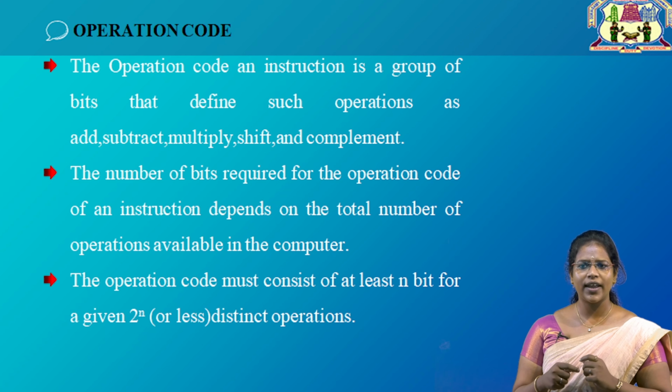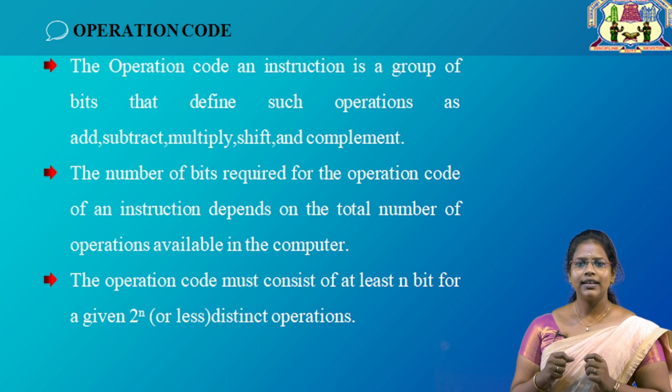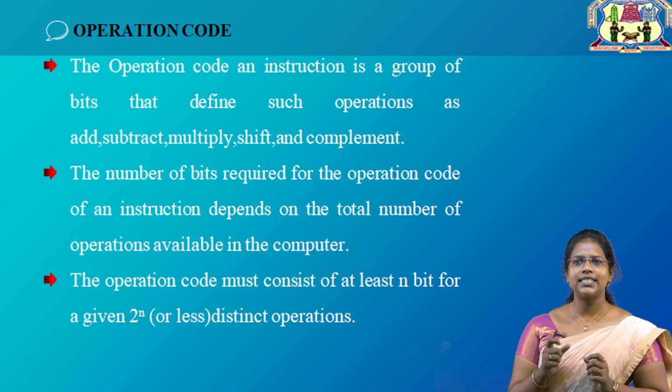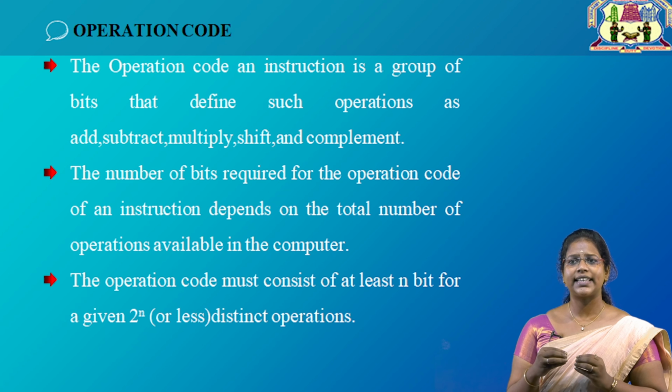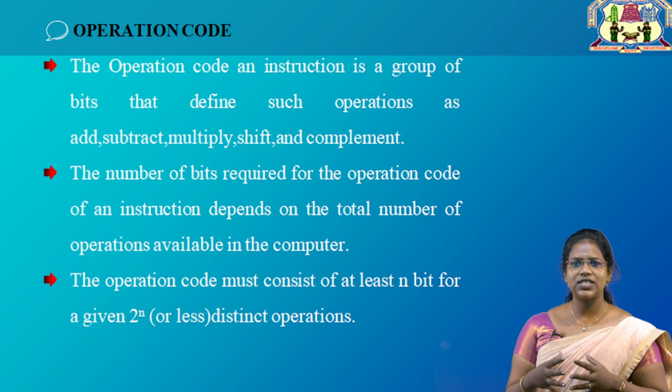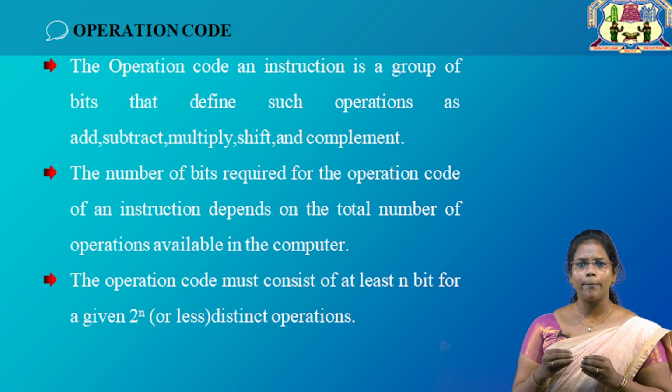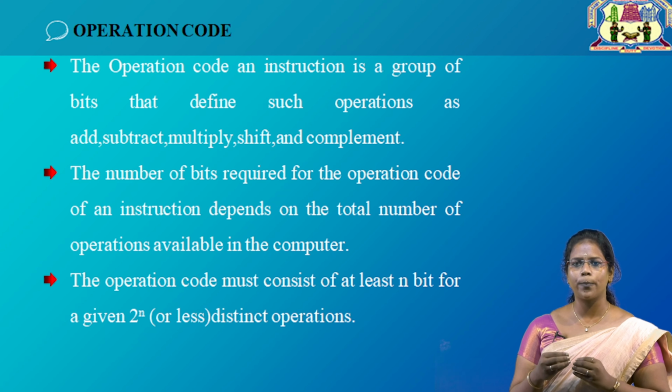So the number of bits allocated to the opcode is 4, and the operation code must follow the relation: it should be at least n bits for 2 raised to n operations, or it can be less also, because the definition defines some distinct operations. Now these are about programs, instructions and opcodes.